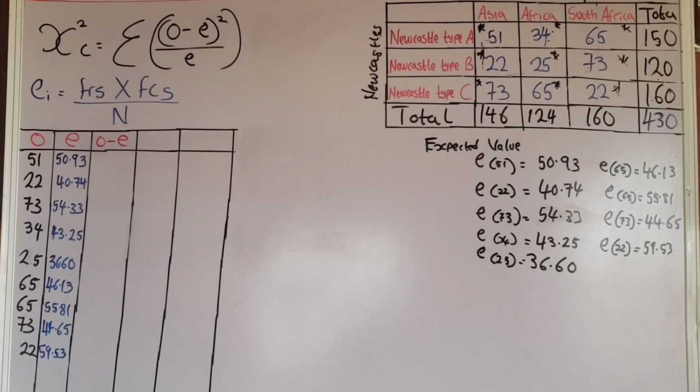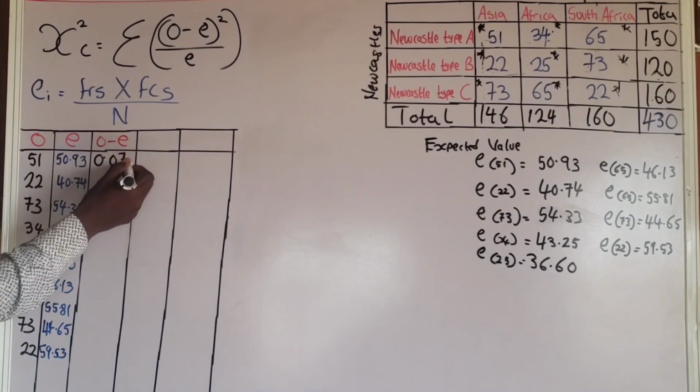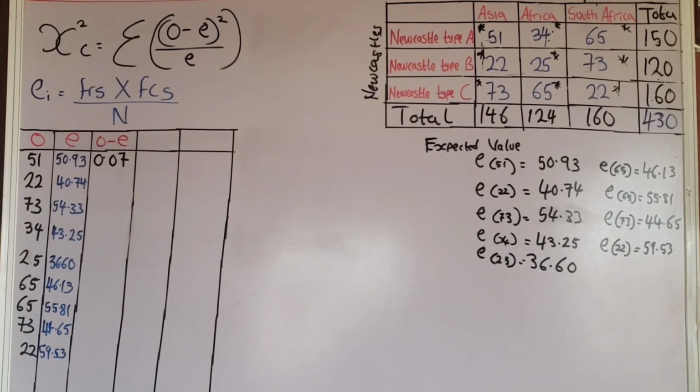Going to the calculator here. 51 minus 50.93. What's the answer? That is 0.07. So here we're going to have 0.07.